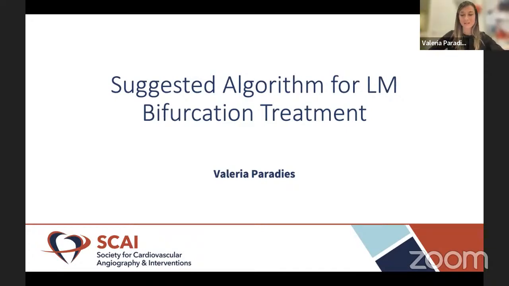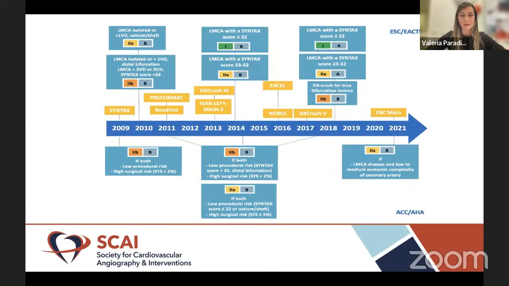Thank you very much. It's a great pleasure to be here tonight. So I will walk you through an update of the suggested algorithm for left main bifurcation treatment, recently published by my working group. Randomized data and data from registry have provided a solid basis for percutaneous coronary treatment of left main bifurcation disease.